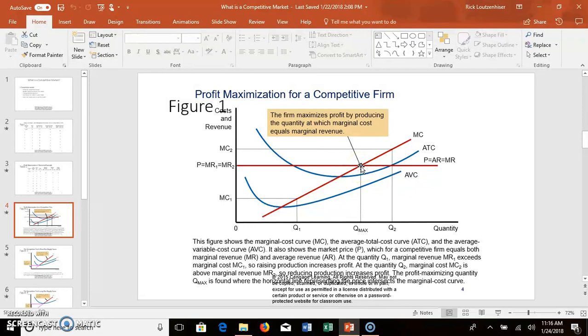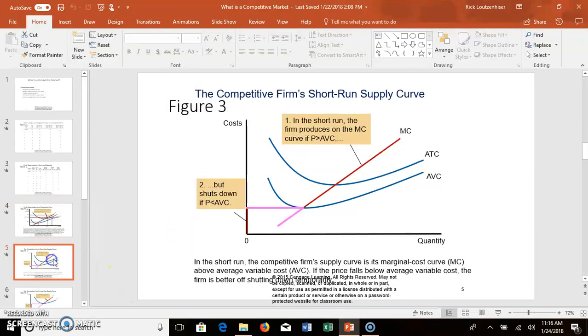That level right there is where they will maximize their profit. Remember, their economic profit right here is going to be 0, but they will make an accounting profit. On this next one, we're looking at, in the short term, where a competitive firm is going to operate.